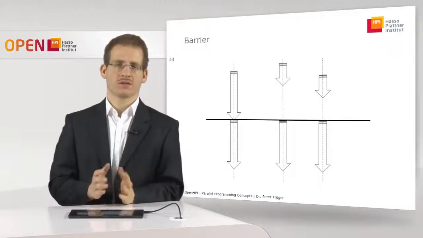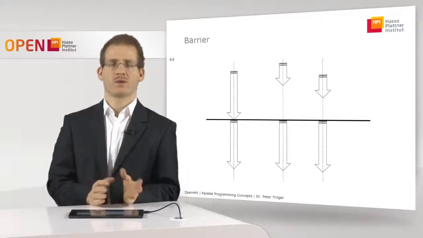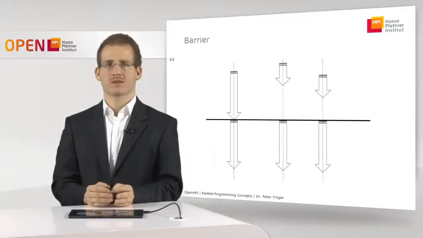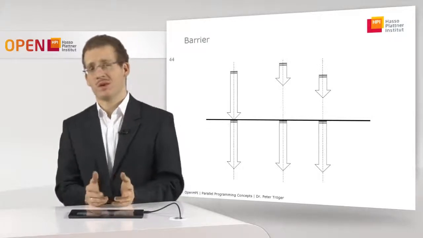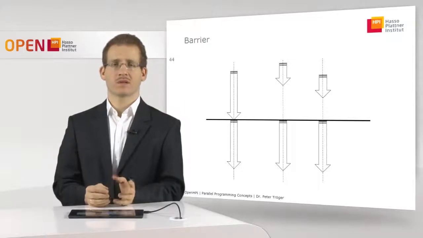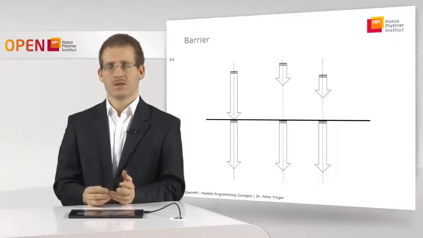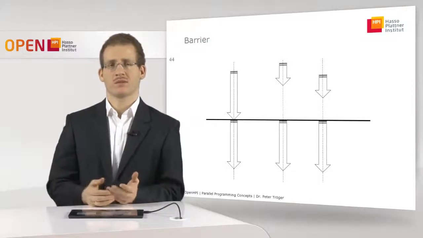This picture shows you a little symbolization of what happens with a barrier implementation. We have three activities, three tasks running at different execution speeds. They run concurrently, maybe they run in parallel if we have parallel hardware given. The first task is reaching the point of the barrier at a particular point in time. So in physical time, he's the first.